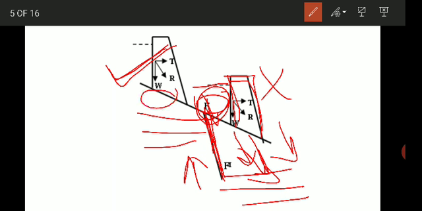And if the rocks are jointed, joints are what? Joints are cracks along which there is no movement. If there is a movement, then that is a fault. So if only cracks are present, that is again a very weak point in the structure.